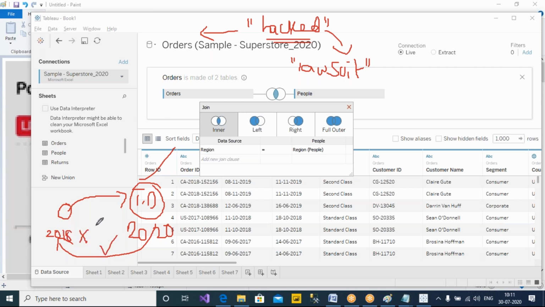But from lower to higher, you don't have any restriction. You can directly open it in the new version and start working on it. You don't need to do anything specifically. Only the server will be upgraded. Tableau Server has to be upgraded to the latest versions.